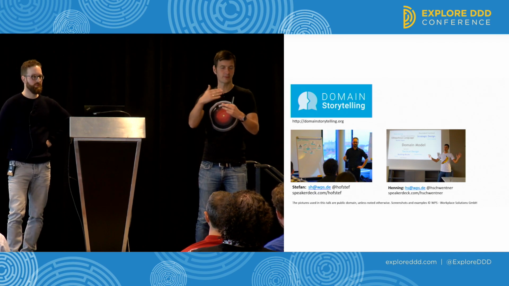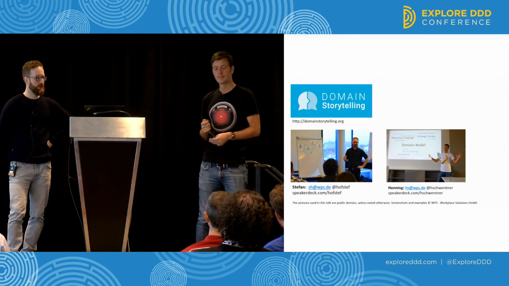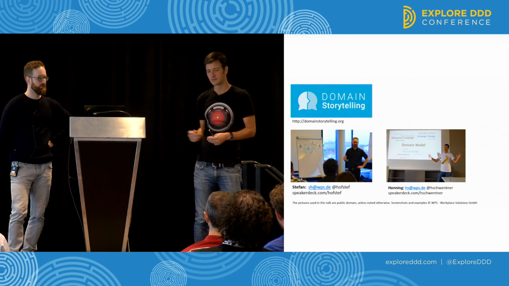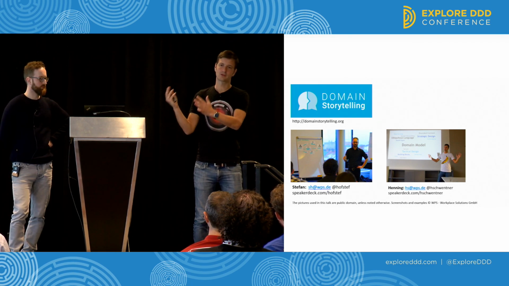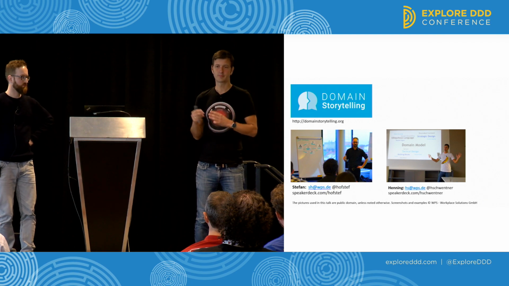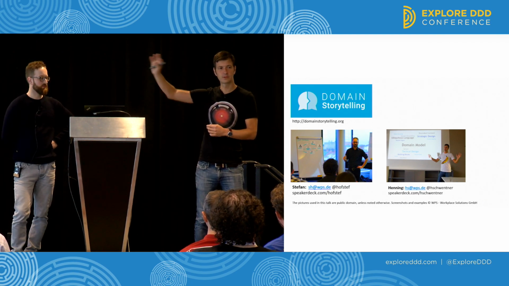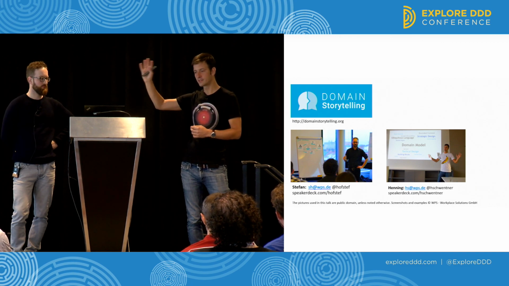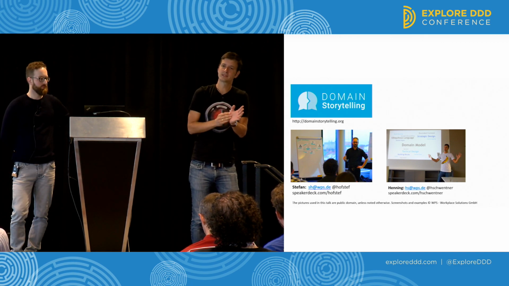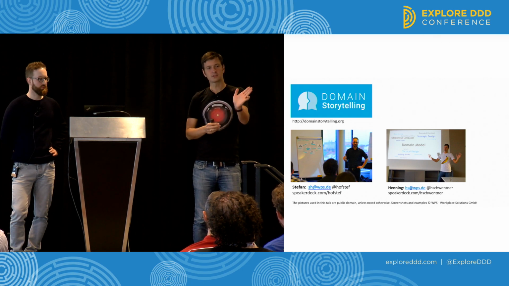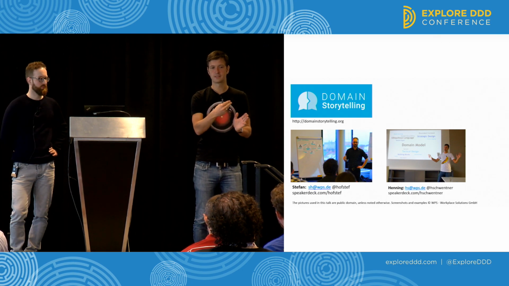For example, the ticket: we will buy it in a context maybe called box office or ticketing or buying. That's one activity we do with a ticket that will become one bounded context, one model. And another thing is that we show this ticket to the usher, and the usher controls this ticket.